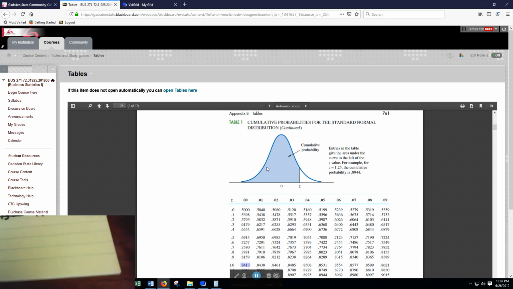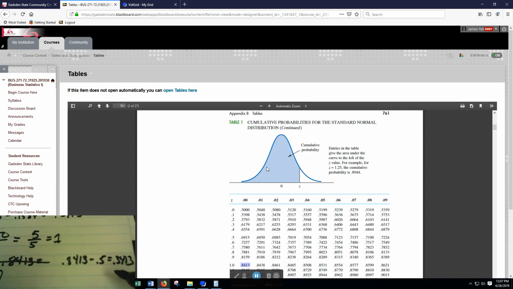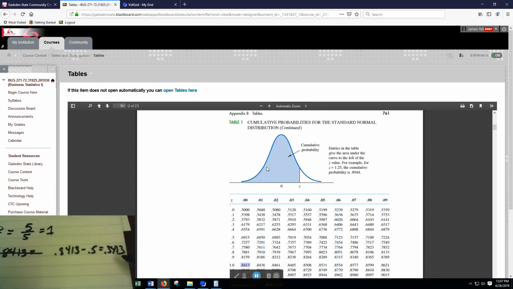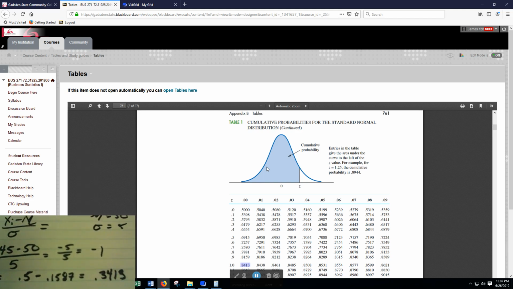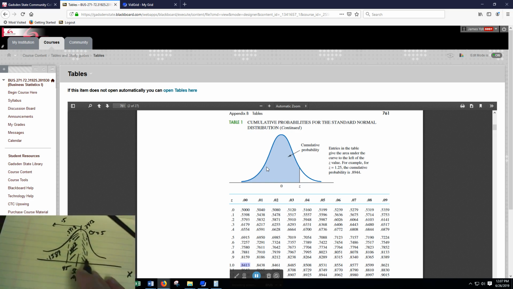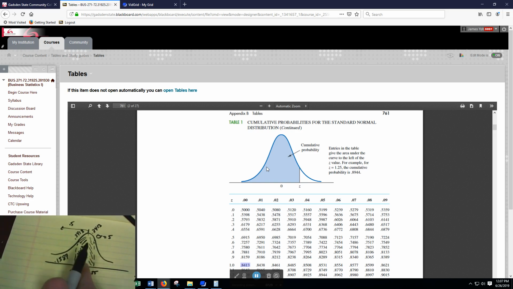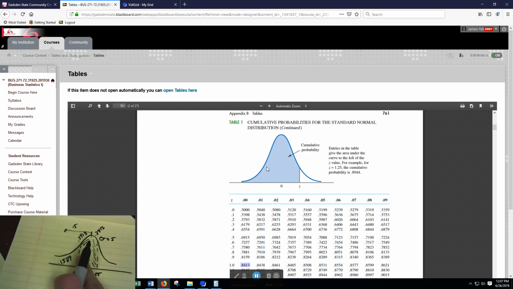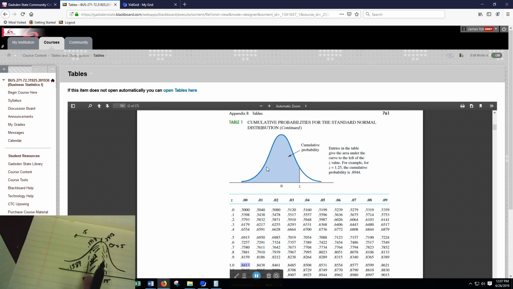And that comes out to be 0.8413 minus 0.5, 0.3413. And that makes sense because the z was 1 here and negative 1 here, and that had 0.3413 of the probability between it and the mean. It's going to be the same between 1 and the mean because this is a symmetrical distribution.